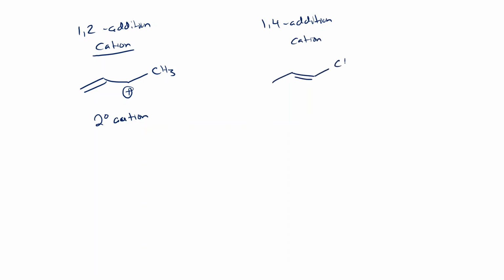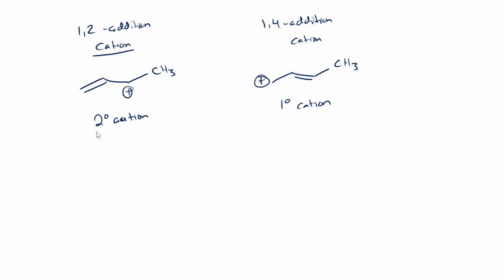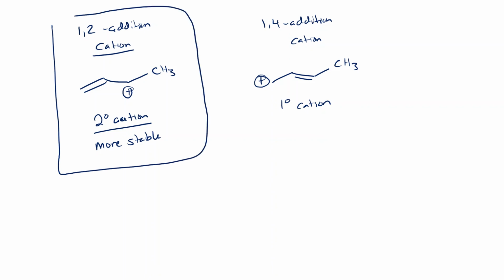After moving that pi bond over, we have a primary cation. So we know our carbocations. Which one of these is going to be the more likely one to form? The more substituted carbocation is going to be more likely to form. And so the secondary cation is going to be more stable. And thus we would predict, if we look at the carbocation stability, that 1,2 addition would be the favored outcome of this reaction.